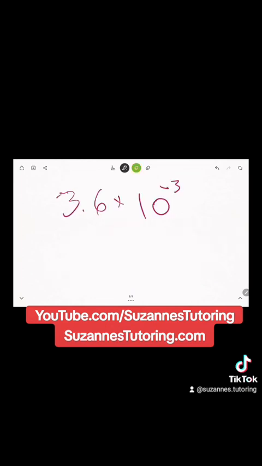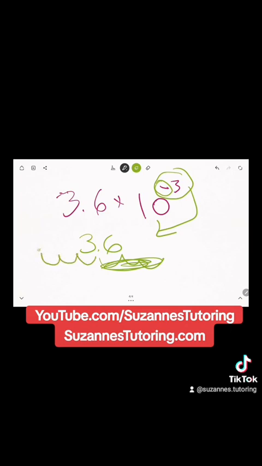Then all of a sudden you have this -3. So what the heck is that supposed to mean? All that means is that when you have the 3.6, instead of moving the decimal point over 1, 2, 3 times, you move it backwards. 1, 2, 3.